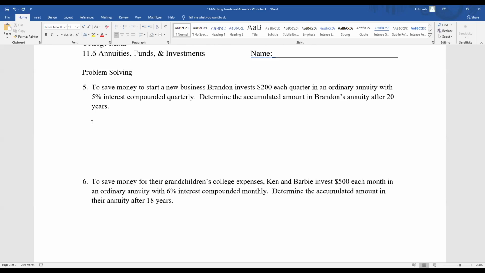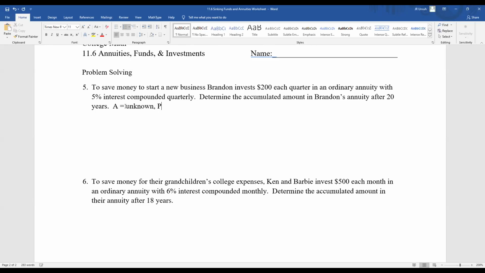So in this case, we are told that we're putting $200 each quarter into an ordinary annuity. It's 5% compounded quarterly. Determine the accumulated amount. Okay, so A is the unknown. Accumulated amount is unknown.